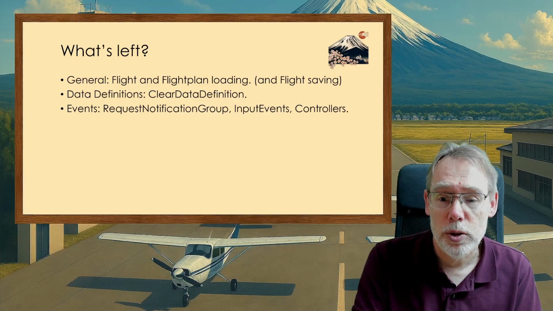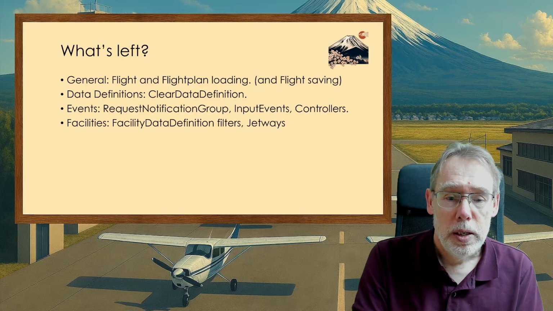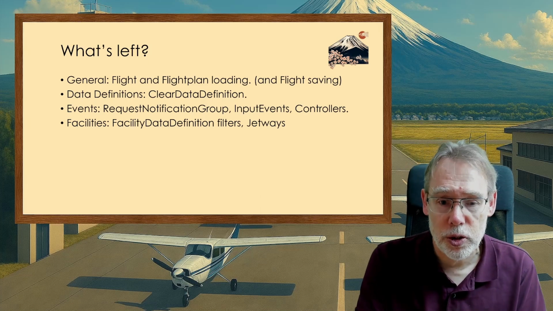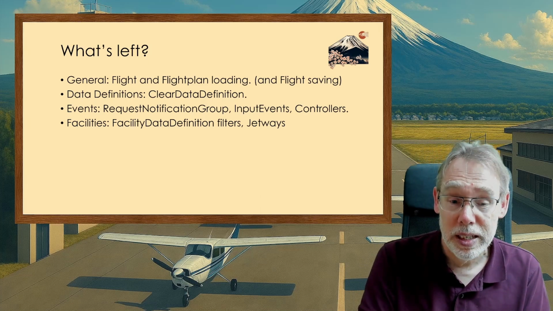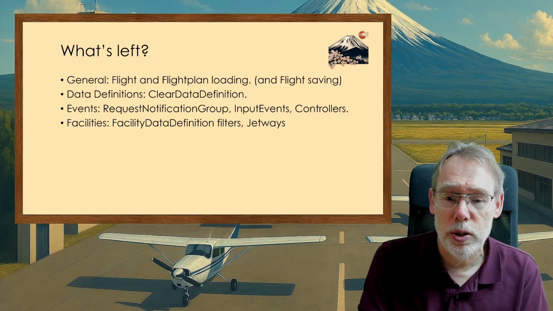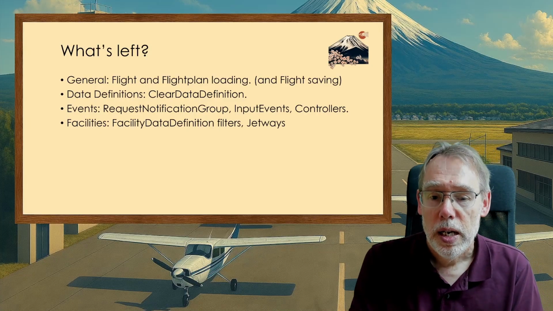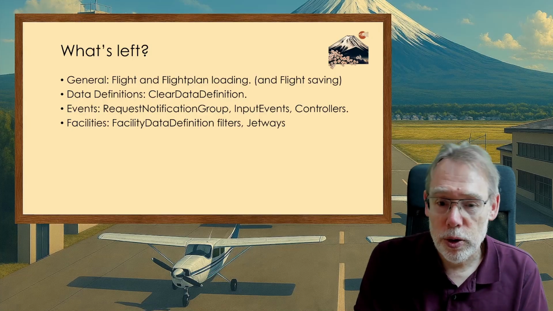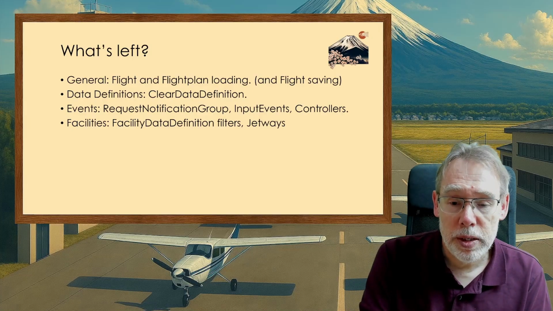And I think we can do some nice things there. Then we have facility data definition filters. We did facility data definitions, but you can use filters on those. Yeah, we just skipped those. Can do them in that wrap-up one.